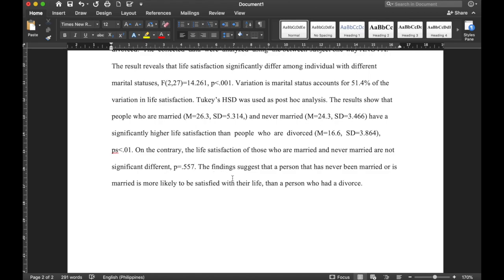And then finally, the meaning of the result, something that a layman can understand. The findings suggest that a person that has never married or married are more likely to be satisfied with their life. I try to avoid using the same terminology as the variable, so instead of satisfied with their life, maybe you can talk about what life satisfaction means based on your literature.